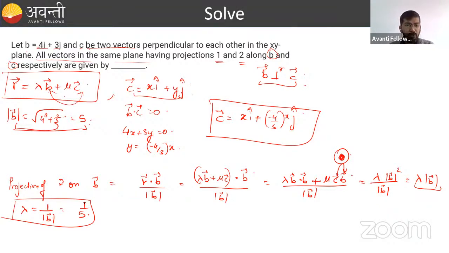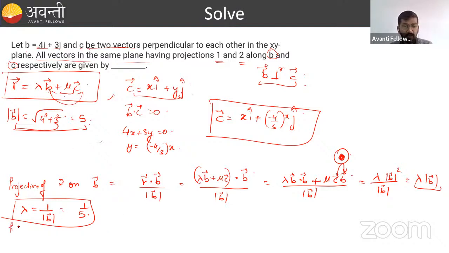Now since we got the value of lambda, how to find the value of mu? Okay, this is our value of lambda.